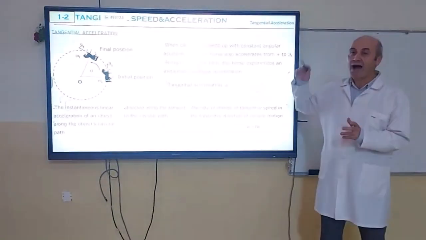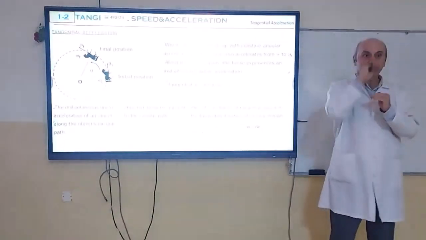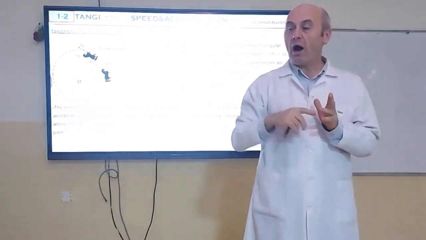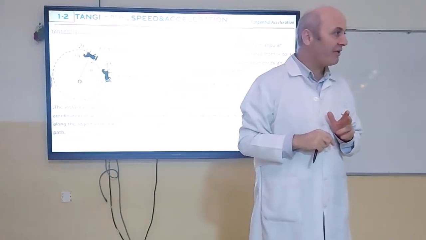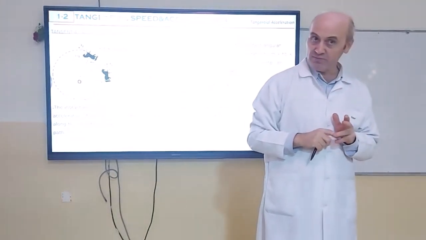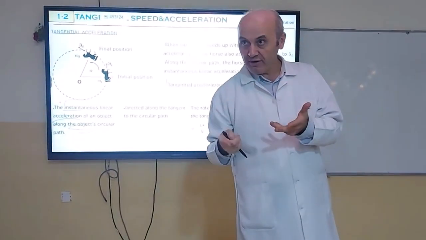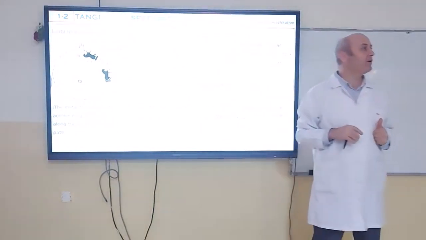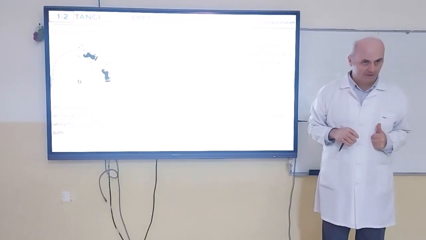It also says that if there are two horses at two different distances in a carousel, the outside horse must have a greater tangential acceleration because R is greater. The inside horse will have a smaller tangential acceleration.